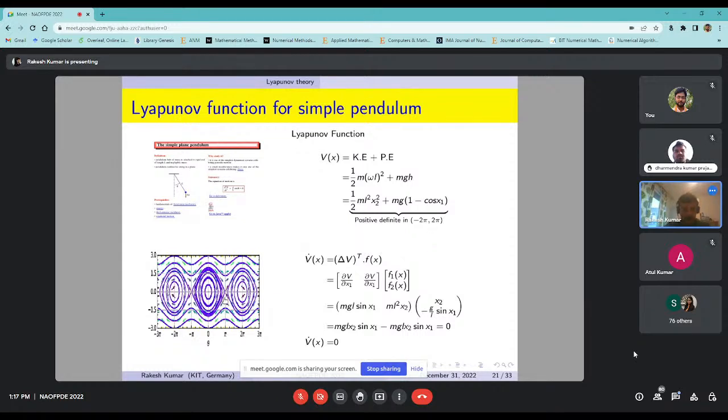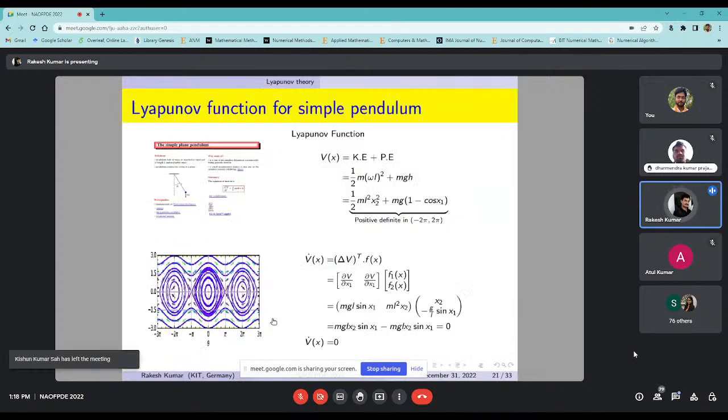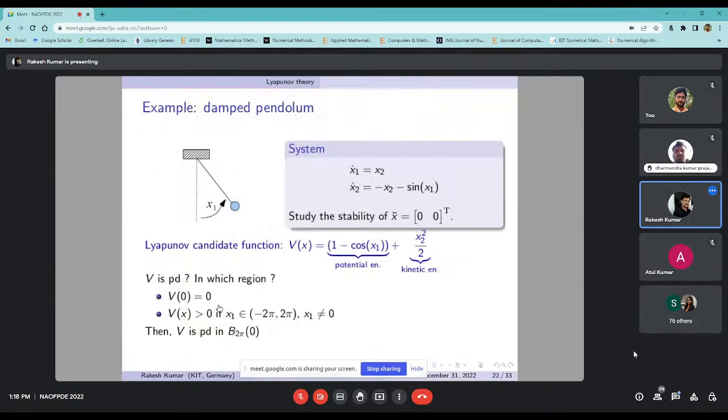So we can ask whether this origin equilibrium point is stable or not. If we differentiate it, the derivative is 0, which means this is a stable one, and also less than or equal to 0 in some other region. So it is only stable, and in this figure we can see that it looks stable. Your solution is not going to the origin.